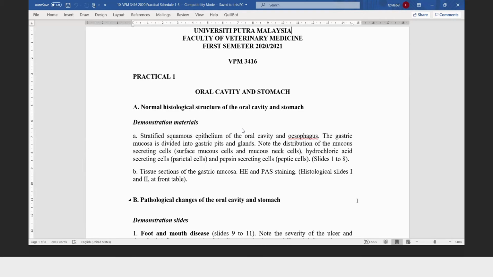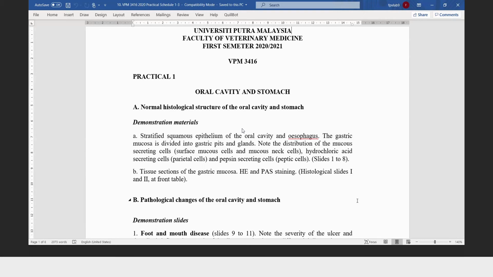The first one is just for you to refer back, because I always mention stratified squamous epithelium as the epithelial lining of the oral cavity and esophagus, but it has not been written in the lecture note. So I put it there.